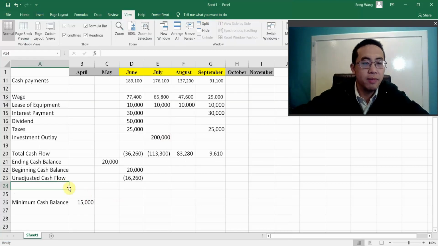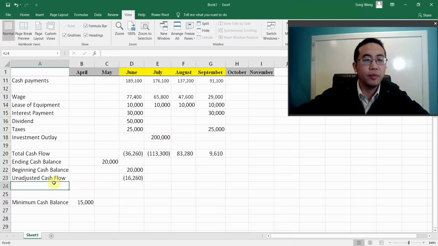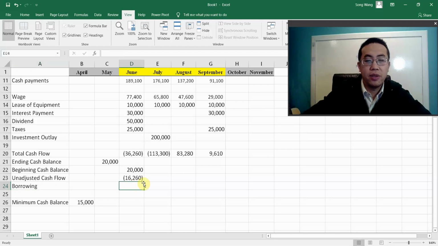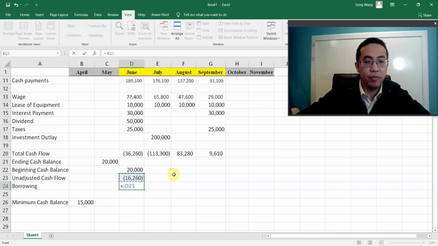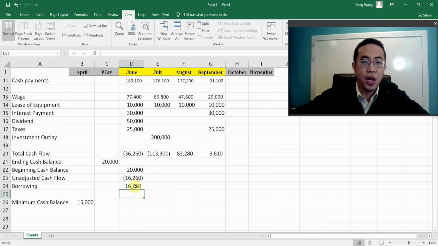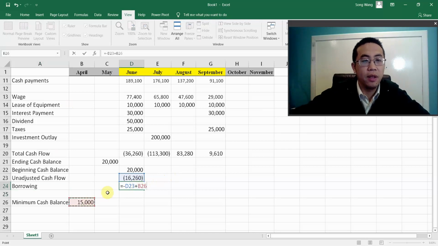So how much money do you need to borrow? You are running this much short, so you definitely need to fill that gap, and then also increase from 0 to the minimum cash balance. So you will need to borrow this much, right? This is a hole you need to fill, and that's not enough. You also need to borrow the $15,000.